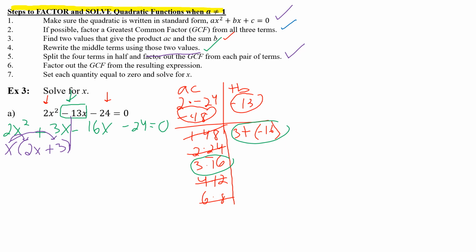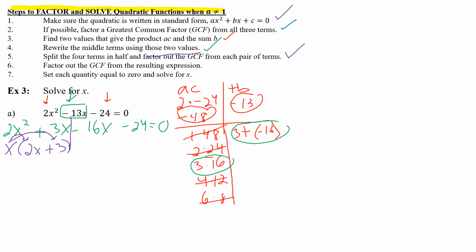Now the next one, minus 16x minus 24. We want to know what's the biggest they have in common. They both don't have x, so we can't take out an x. We want to figure out what's the biggest number you can divide 16 and 24 by. They're both divisible by 2, but there's a number even bigger. They're both divisible by 4, but there's a number even bigger. They're both divisible by 8.